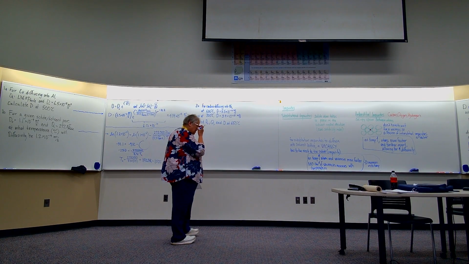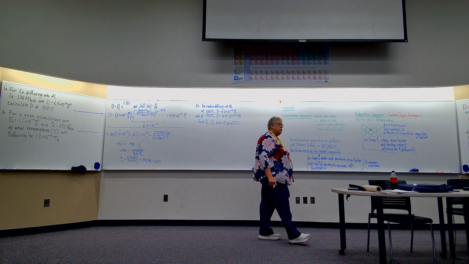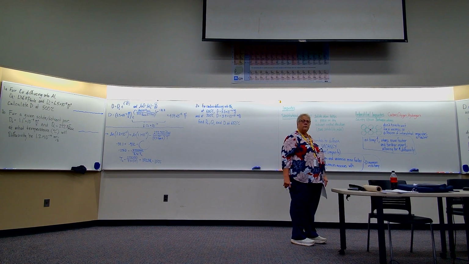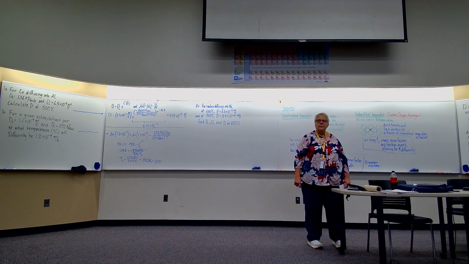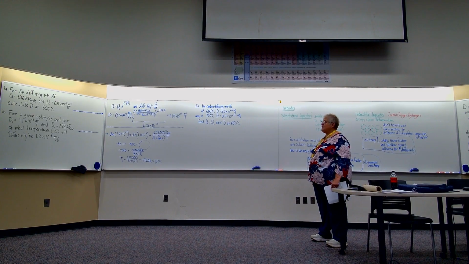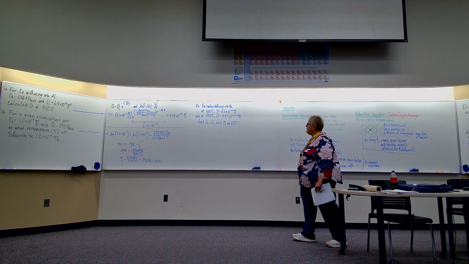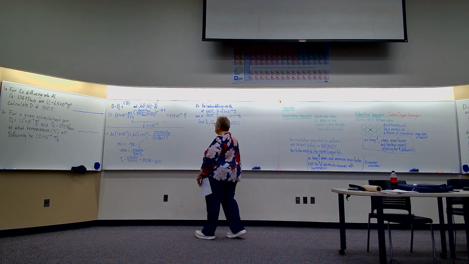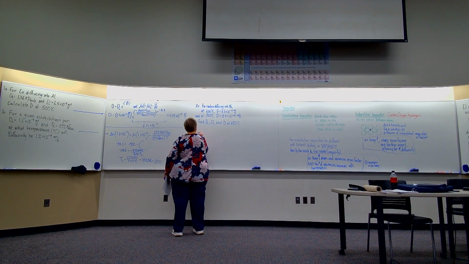So from algebra, if I have two unknowns, what do I need to solve for those two unknowns? Two equations. And as it might not seem like it, but I do have two equations. I have one equation that says, let's see, I'll use the log form.